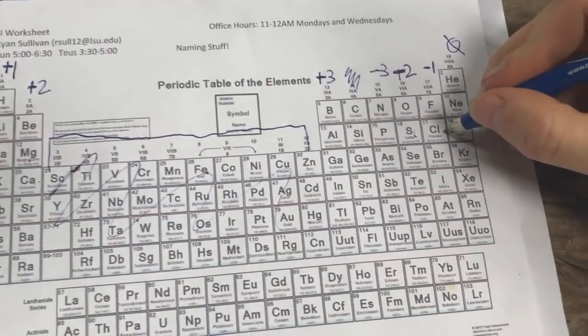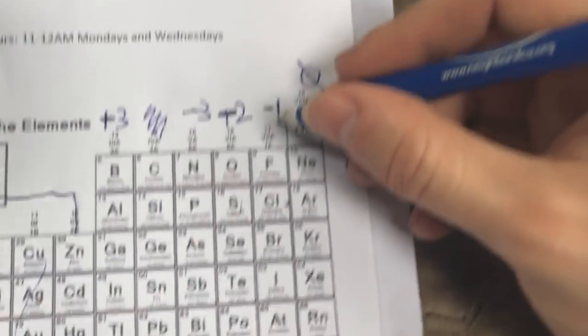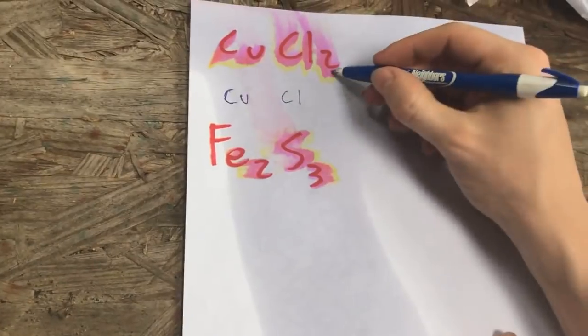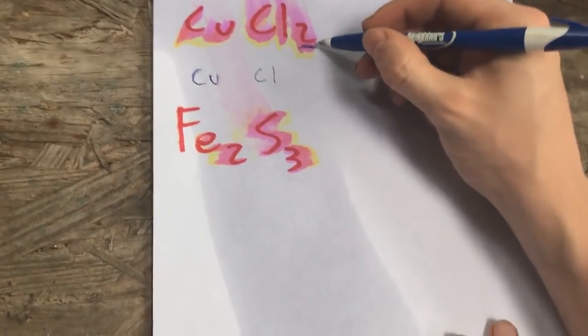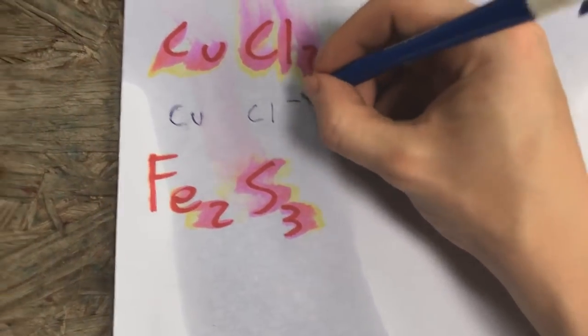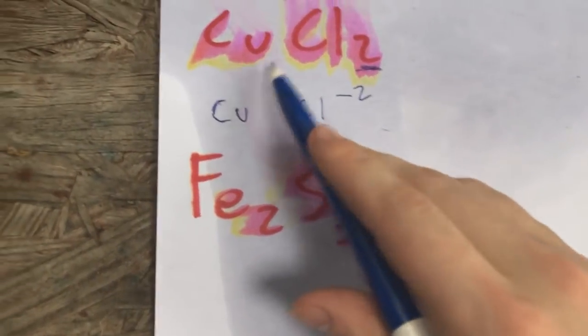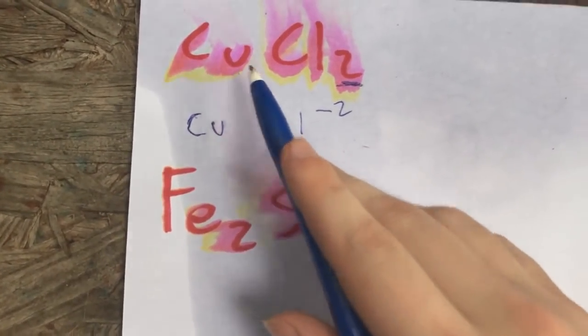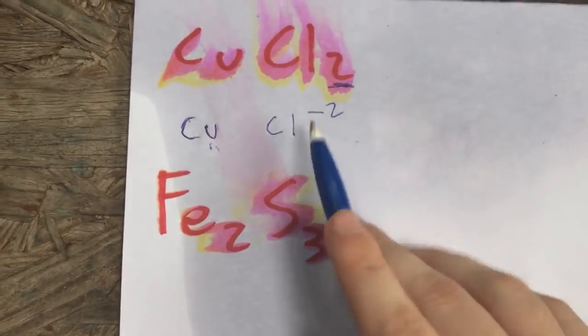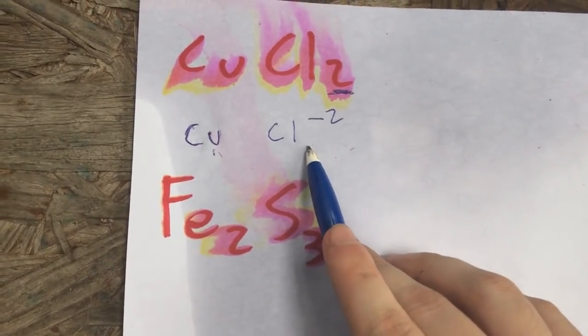that chlorine has a -1 charge for each chlorine, and we have 2 chlorines here. So that means that our total negative charge is -2. We only have 1 copper, so clearly this 1 copper has to cancel out the -2 from these 2 chlorines.